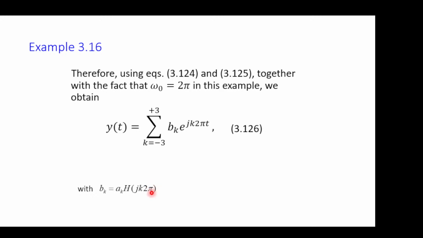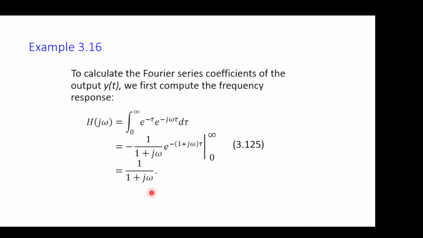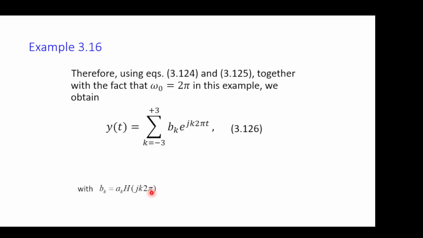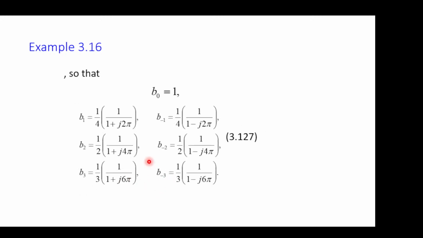Omega equals k omega_0, and omega_0 equals 2 pi here. So you plug in the numbers and you see those b_k.